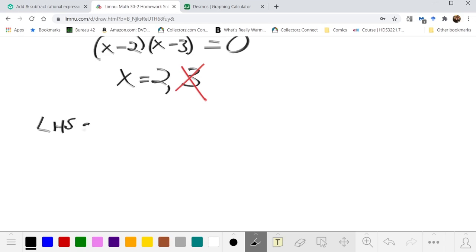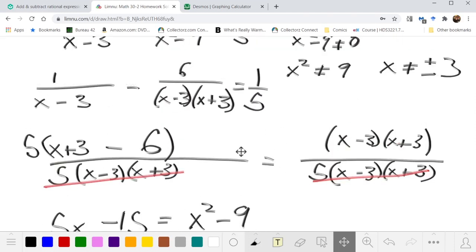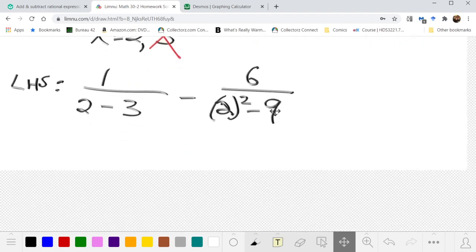So our left-hand side is 1 over 2 minus 3 minus 6 over 2 squared minus 9. And now I'm paranoid about whether I got the minus sign. I did. We're all good.